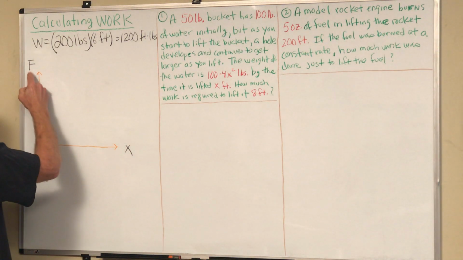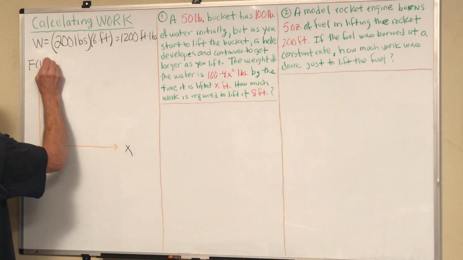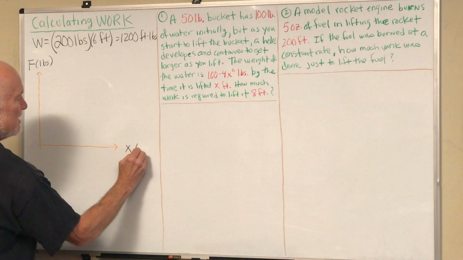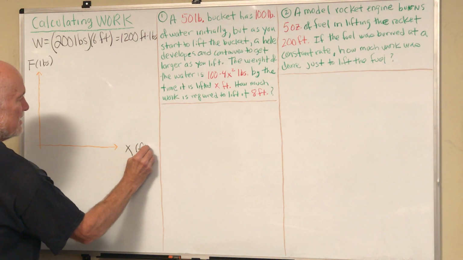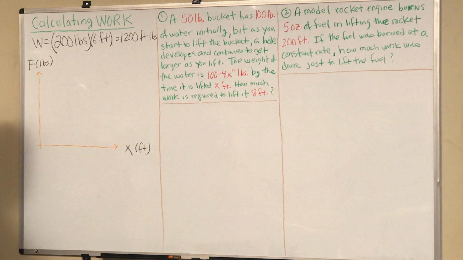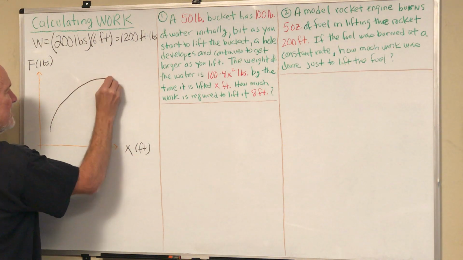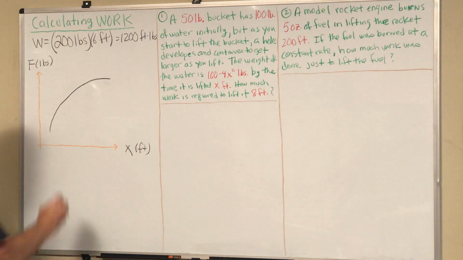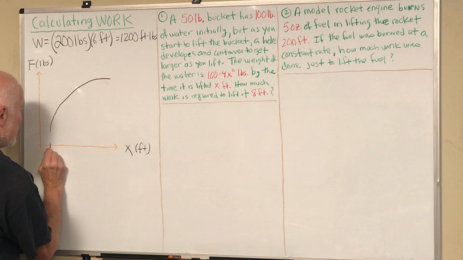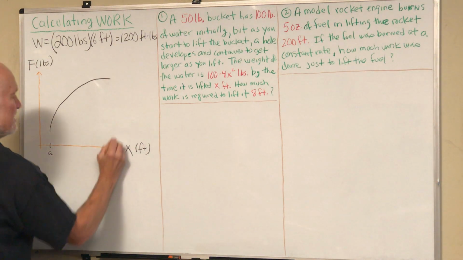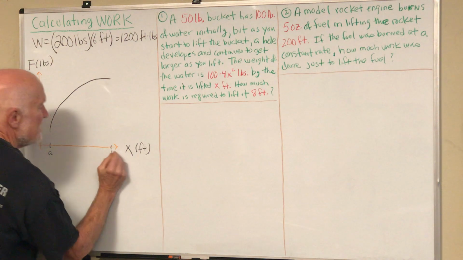So this could be in pounds, and this could be in feet. So you might have a force, instead of being constant, that looks something like that. And say you're exerting it from position A to position B.